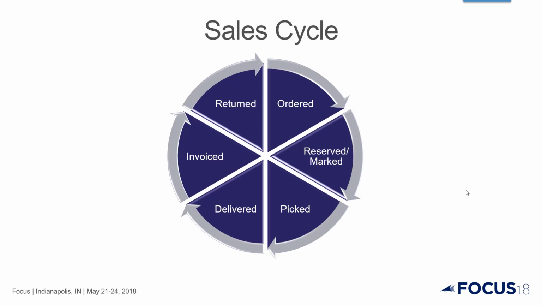orders. Picked is the process where we're physically picking it from someplace in the warehouse and bringing it to a point where they can in turn do the deliver process, which is also called packing. It effectively then relieves the inventory. When it's picked, unless it's the WMS system, it stays in the location it's picked at.